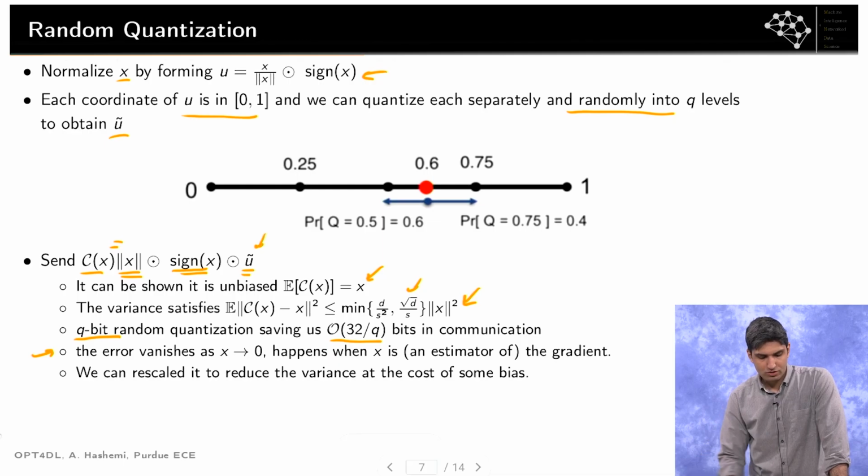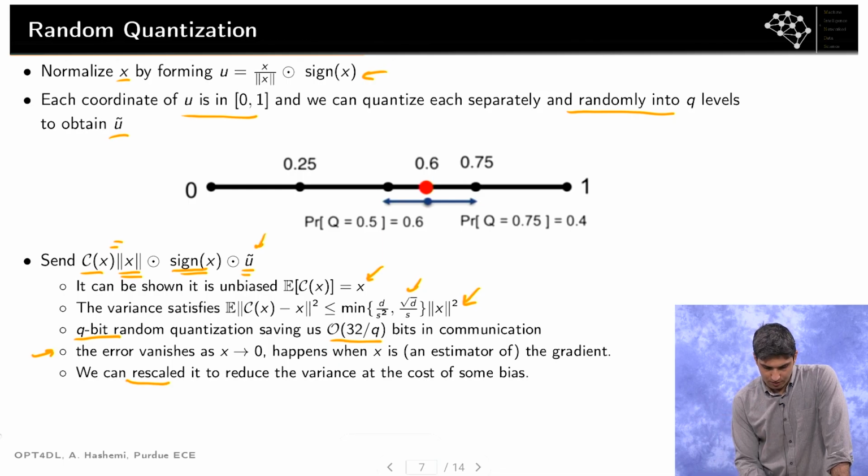Finally, we can rescale this strategy to introduce some bias with the hope of reducing the variance. As we've talked about before, this could be advantageous in a lot of scenarios, such as compression, and we're going to have more discussion about it in a moment.